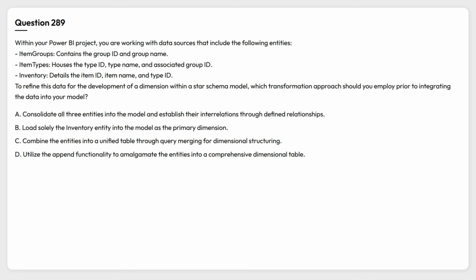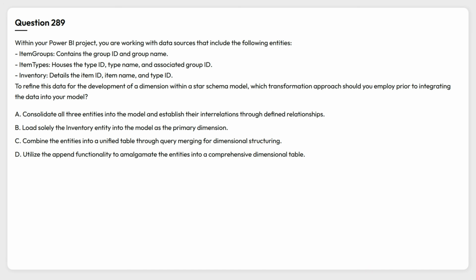Question number 289. Within your Power BI project, you are working with data sources that include the following entities. Item groups contains the group ID and group name. Item types houses the type ID, type name, and associated group ID.